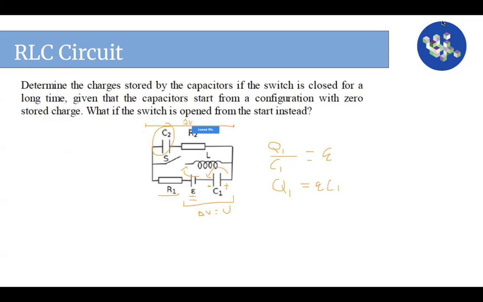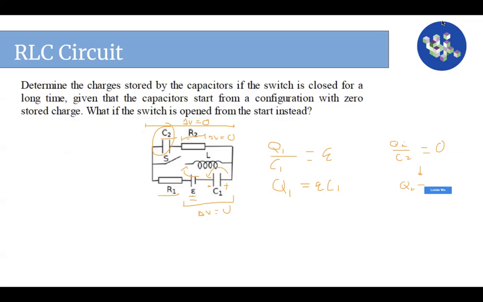We're given there's zero current, so there's no voltage drop over here. Delta V equals zero, meaning that the only way for this to happen is that there's no voltage drop across the second capacitor. That means Q2 over C2 is equal to zero, right? What does that mean? Well, that means we must have Q2 equals zero.